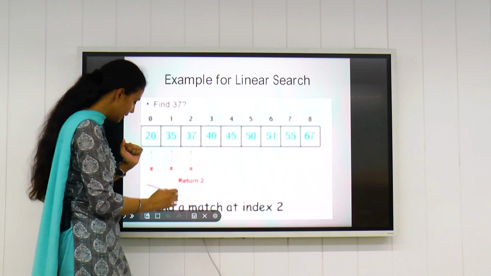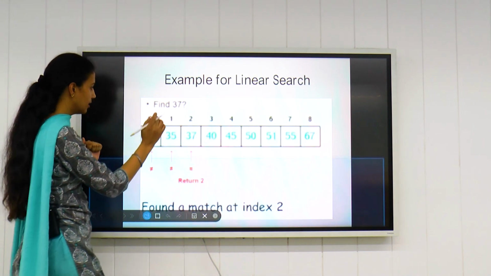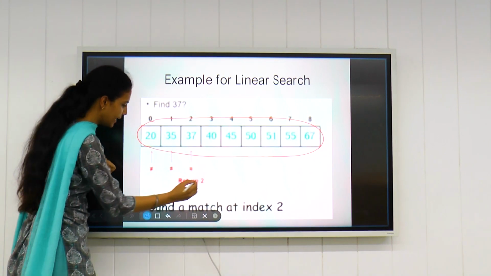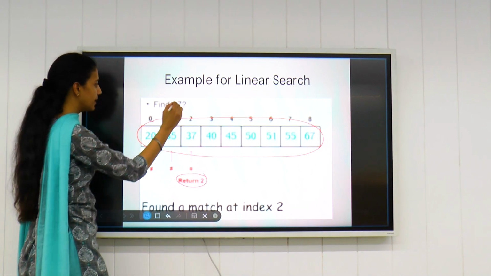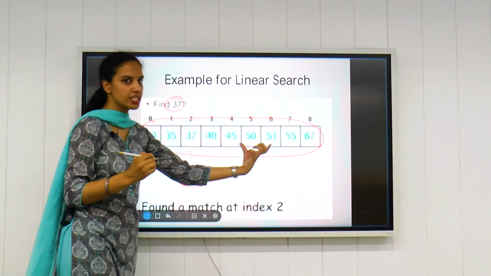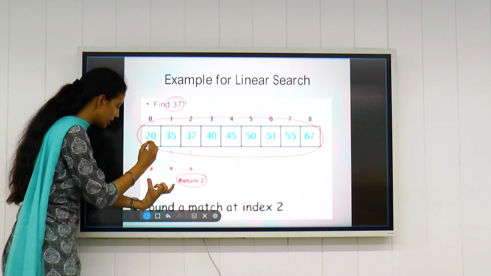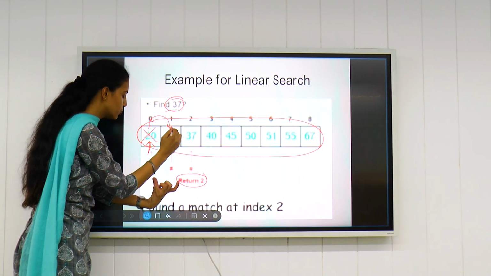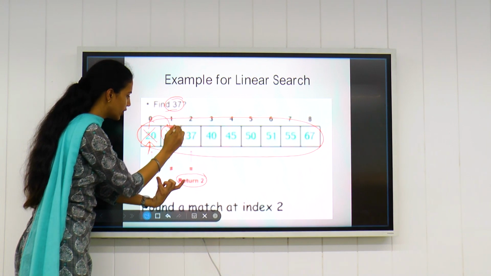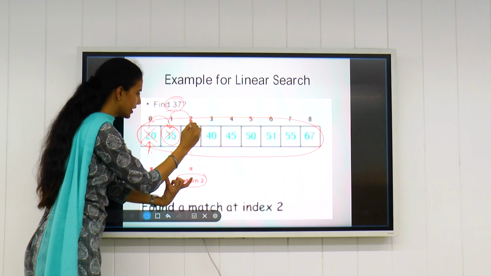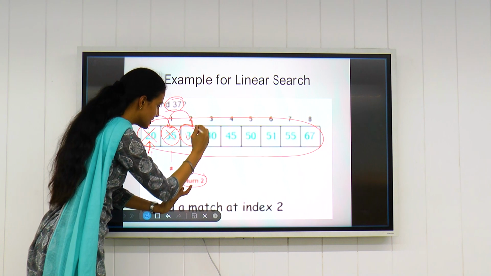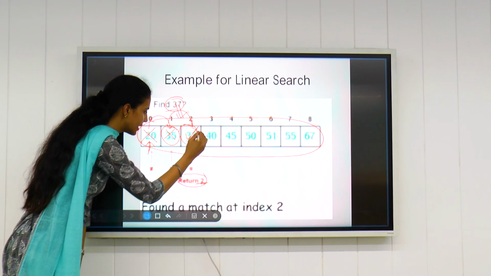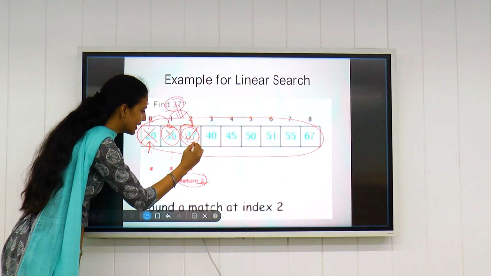Last, with an example, suppose this is our list of elements given to us. Again, we need to find whether our element 37 is present in this list or not. So starting with the first position, 20 is not equal to 37, our pointer shifts to the next position. 35 is not equal to 37, the pointer shifts to the next position. 37 is equal to 37, so our output will be 2, because 37 lies at the second index.